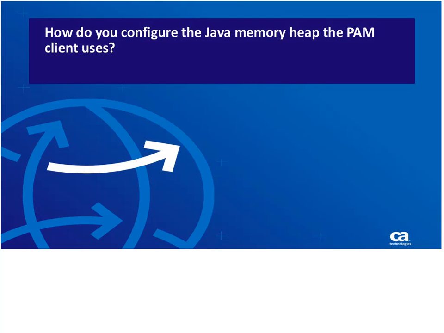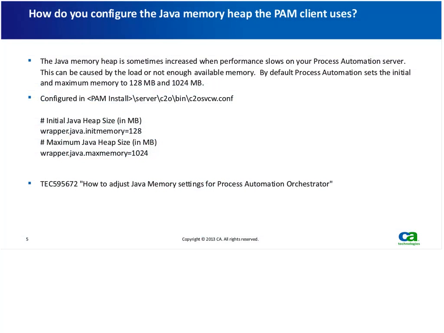Second one is how to configure the Java memory heap that PAM uses. PAM by default uses 128 megs and 1 gig for the initial and maximum memory heap. That's by default.